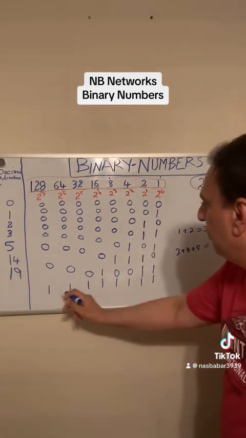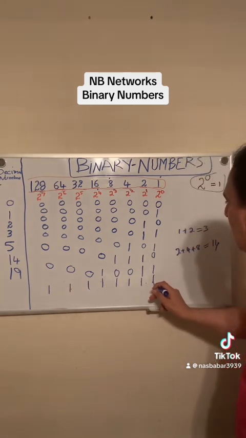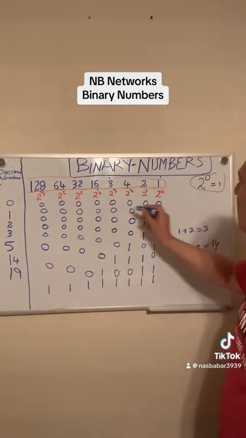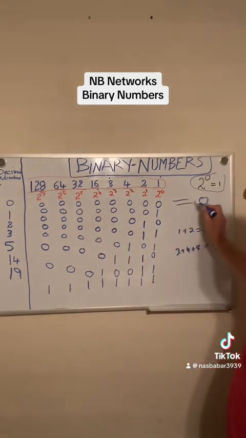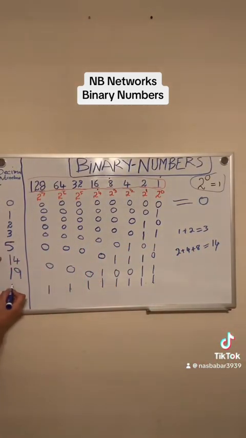So you have 1, 2, 3, 4, 5, 6, 7, 8 ones. All of them are ones. All of them zeros gave us 0. All of them ones are going to give us 255. You can crank your calculator and check it out and verify.